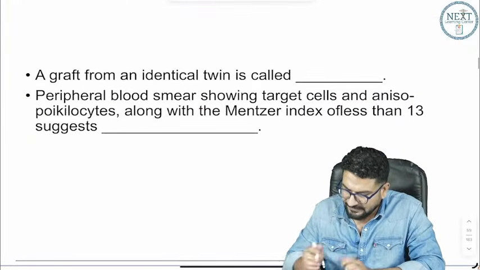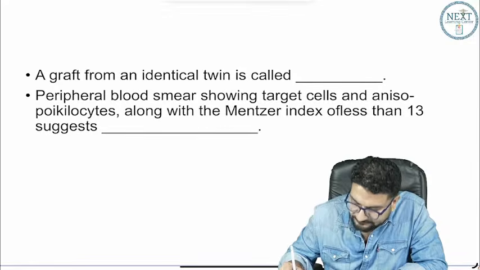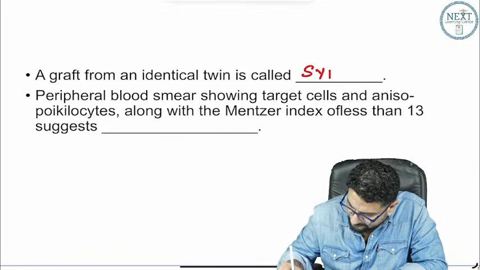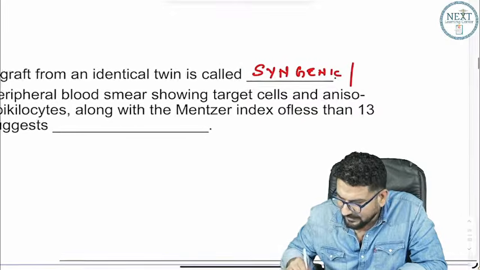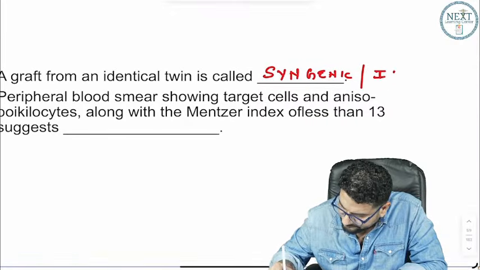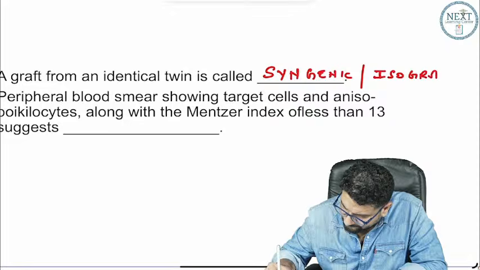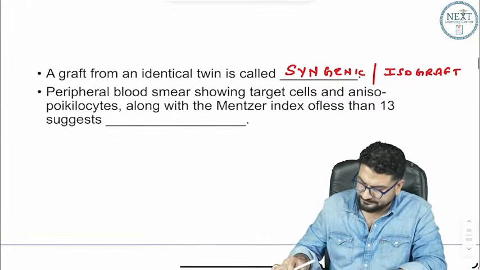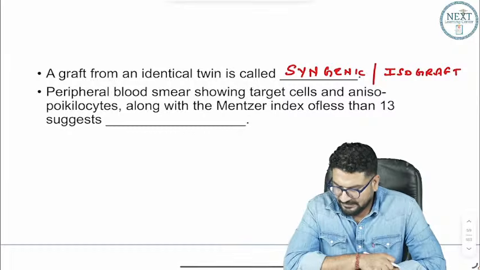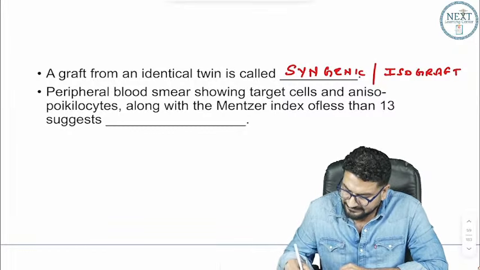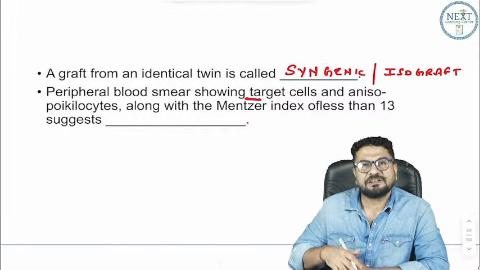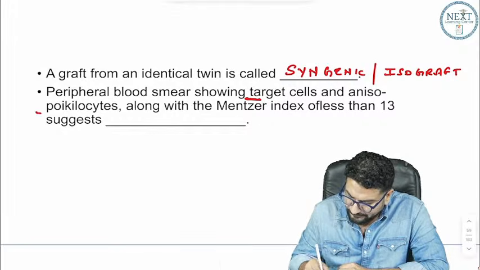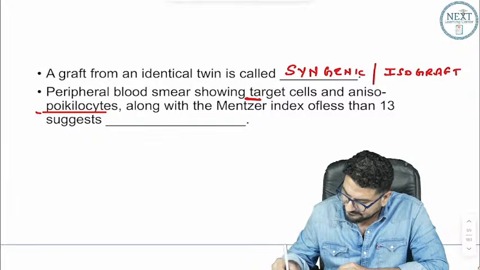Which graft is done from an identical twin? Come on. What do we call this? Syngeneic graft or isograft. Okay, now suppose they give you target cells, or sometimes teardrop cells, anisopoikilocytosis, Mentzer index less than 13.